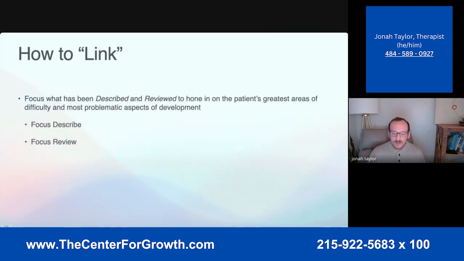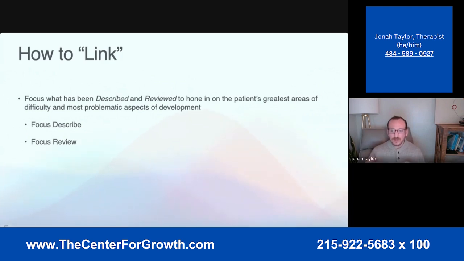Then when you're focusing your review, you're looking at the points in development that were most likely to have disrupted healthy development. As a rule of thumb, global problems in function, rather than more circumstantial ones, tend to arise earlier in somebody's development. There were some points in development where things happened that disrupted healthy development earlier on.